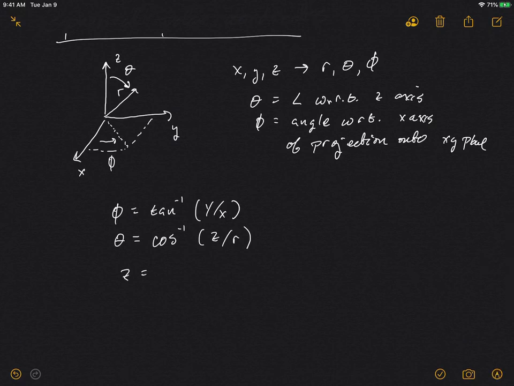Another way to define things is you can define x, y, and z in terms of r, theta, and phi. So z would be r cosine theta. X is r sine theta cosine phi.